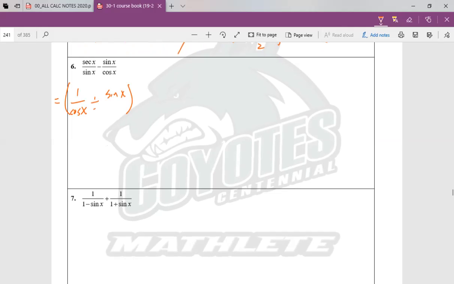We're going to subtract sine x over cos x. We end up with 1 over cos x times sine x minus sine x over cos x.